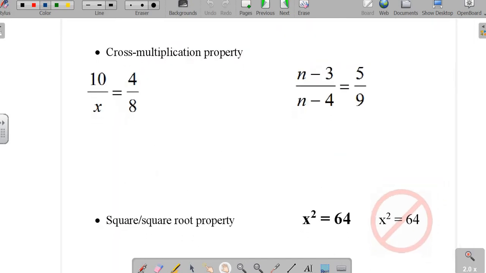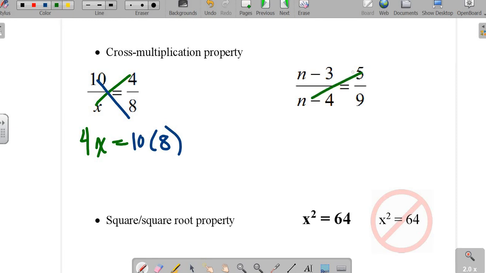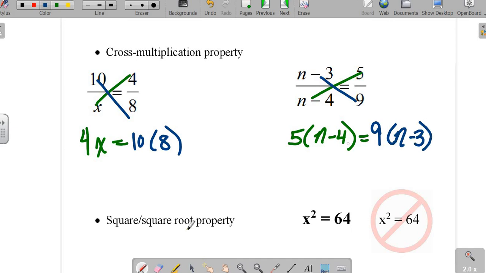Then you have what's called the cross multiplication property, which allows us to do this. And solve. Also allows us to do this. Always show your distributive.